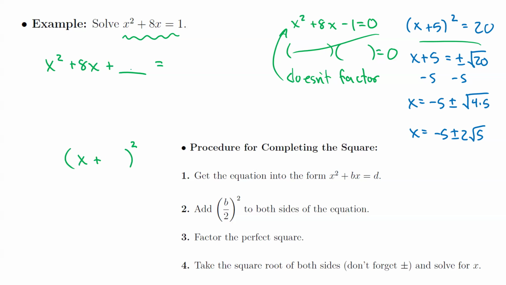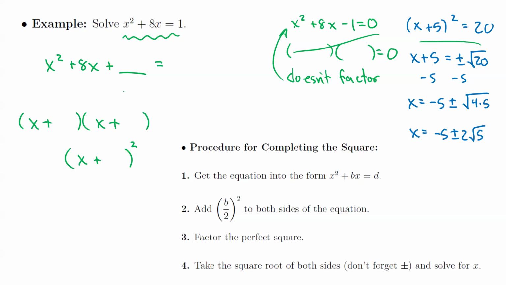Is there a number I could put here so that when it factors, in other words, it factors into two identical things, x plus something, where these somethings are the same? Because if it did, then it would turn into (x + that thing) squared.